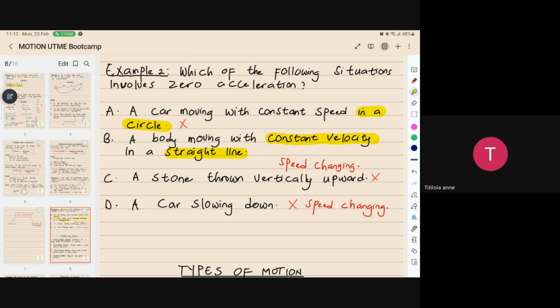Constant velocity means velocity is not changing, and in a straight line means you're not changing your direction. Do you understand now? So once I'm not changing direction, acceleration is constant, I mean to say, acceleration is 0. You're not changing direction, you're not changing your velocity. So in that situation, you have 0 acceleration. Does that make sense? Because in the other places, in as much as the speed is constant, yes, but here, velocity is changing.